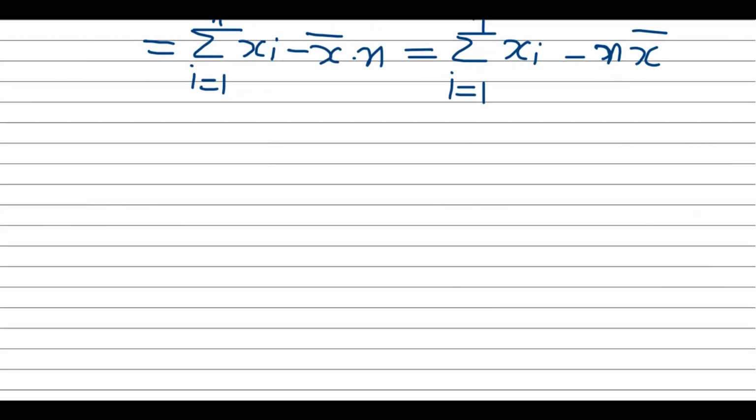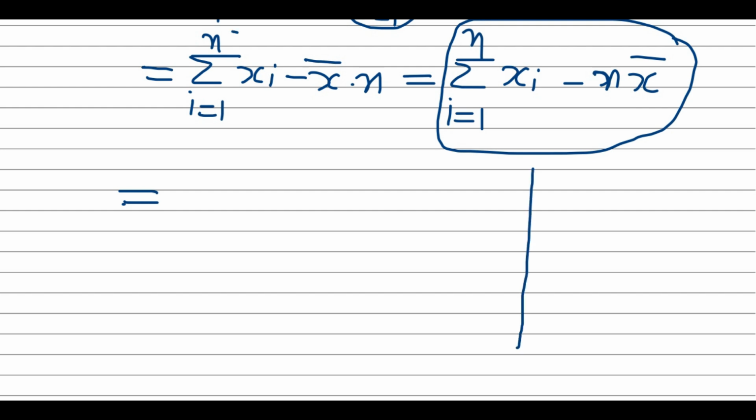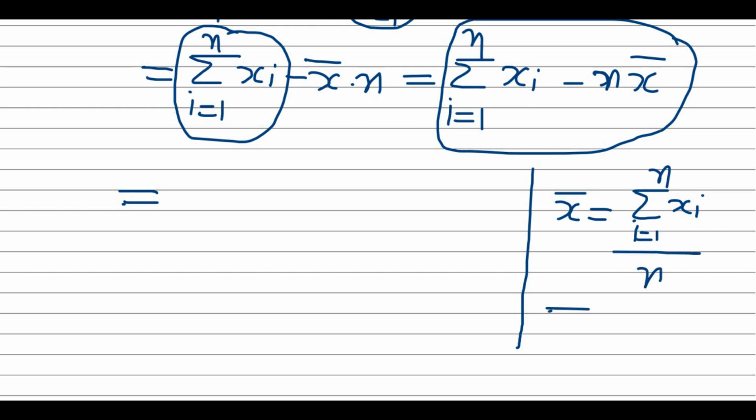Now consider this term. The average is equal to the summation over i from 1 to n of xi upon n. This means that the summation over i from 1 to n of xi is equal to n x bar.